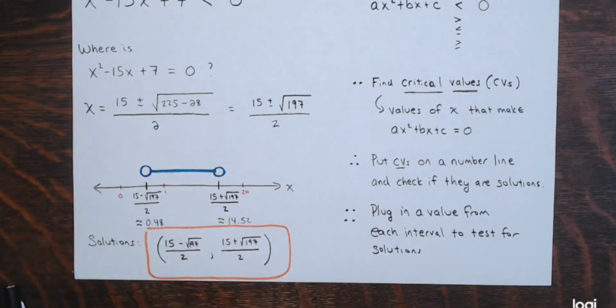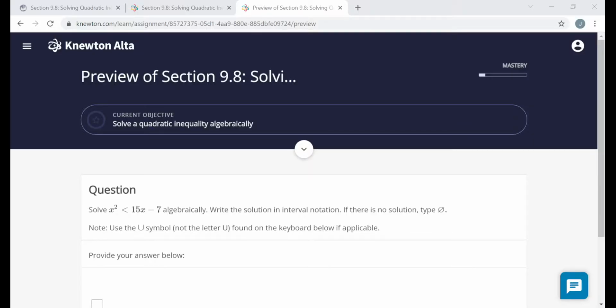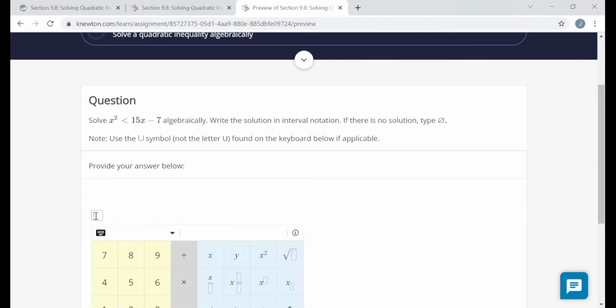All right, so let's go back and do that. So back to the assignment. We have just the one interval, so parentheses, and I should put it in parentheses again because there are multiple terms in the numerator: 15, pardon me, minus the square root of 197, and then all that divided by 2, then a comma, and then I'll just copy and paste this first value and change the minus to a plus.